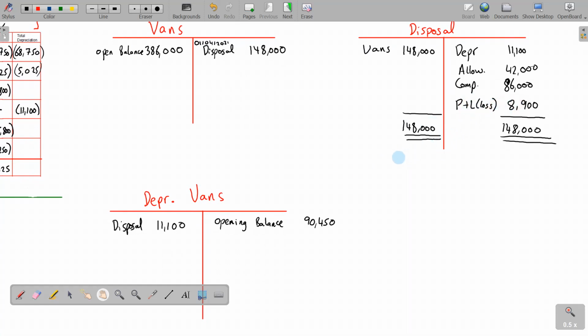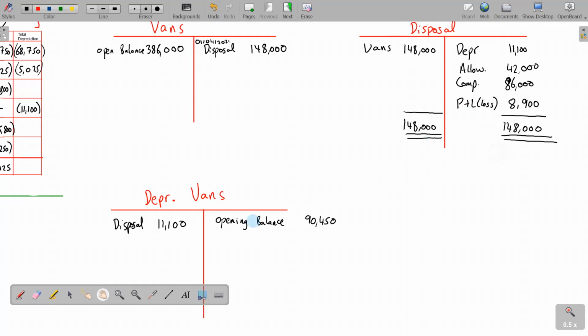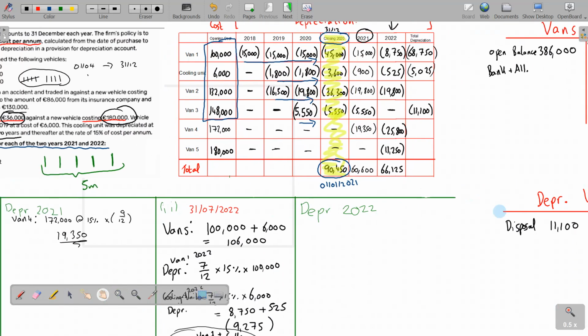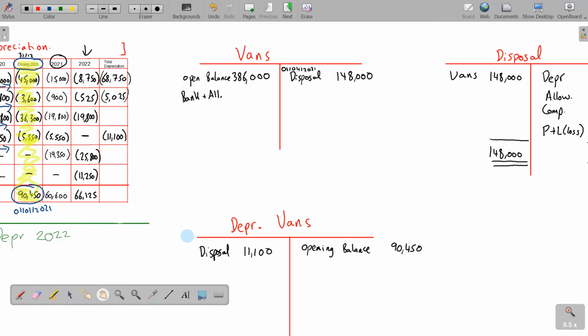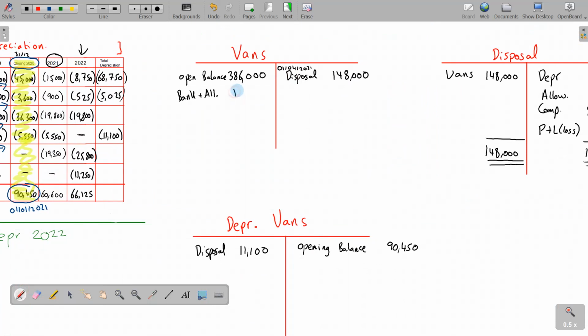So every time we have disposal, we don't bring anything down. We don't call anything down or bring anything up. So then don't forget that coming from our bank plus allowance was the new vehicle, van 4, which you bought for 172,000.